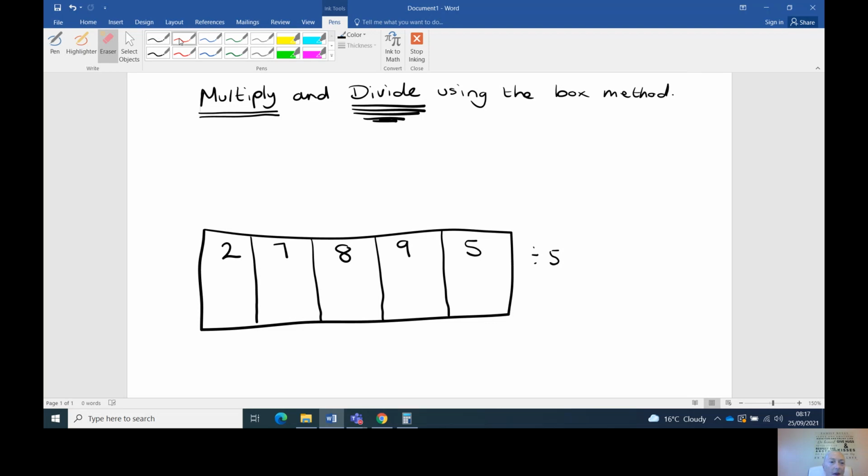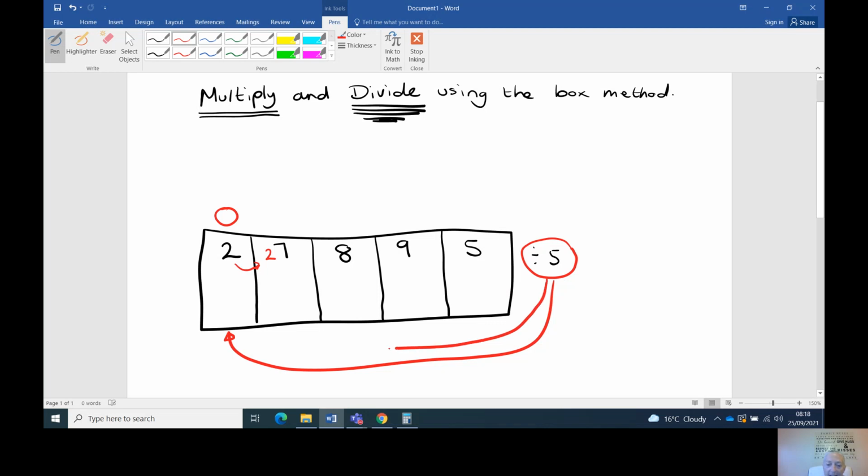Right, here we go. So 5s into 2. I can't fit 5 people on 2 chairs. If that's a 0, this whole lot always goes here. So that's going to go there. So 5 into 27. 5, 10, 15, 20, 25. That's 5.